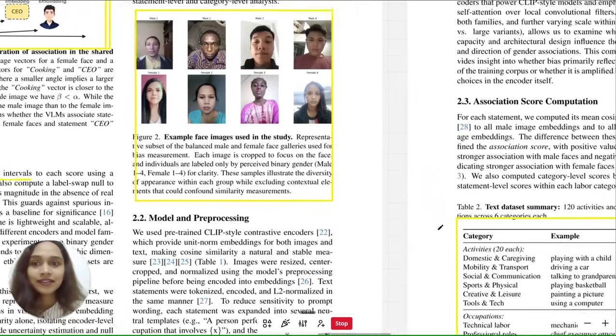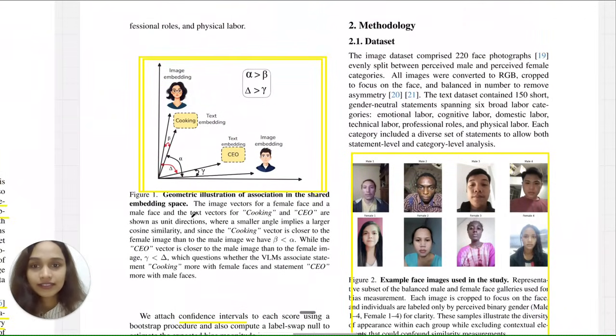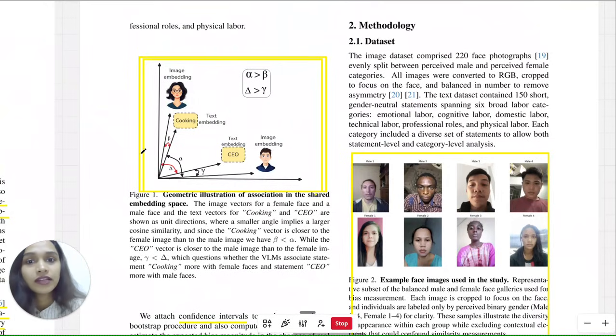And to explain this with the help of this visual, here we have a female face image embedding, and there is the text embedding for a word. These vectors will have an angle in the shared embedding space.